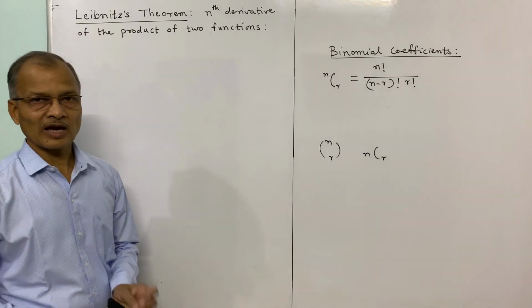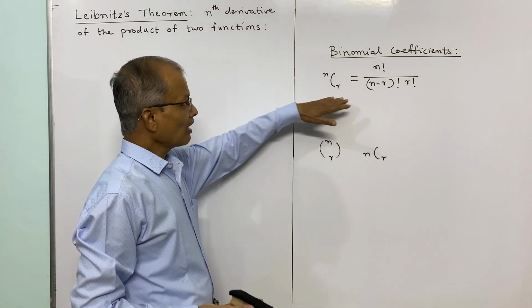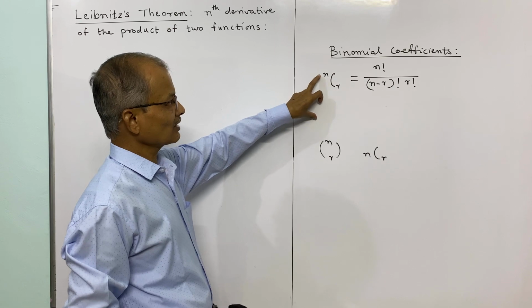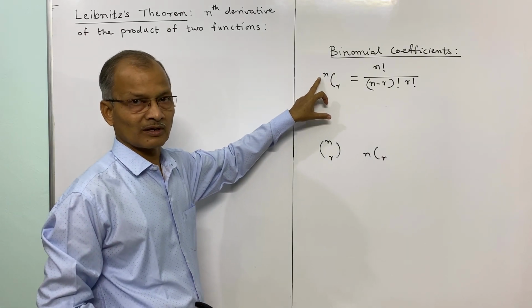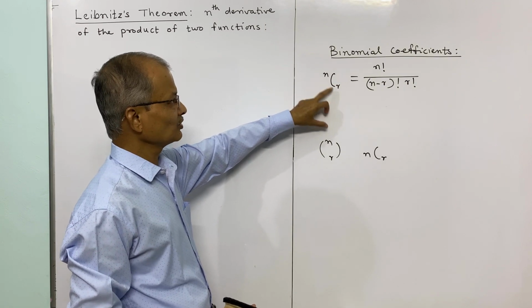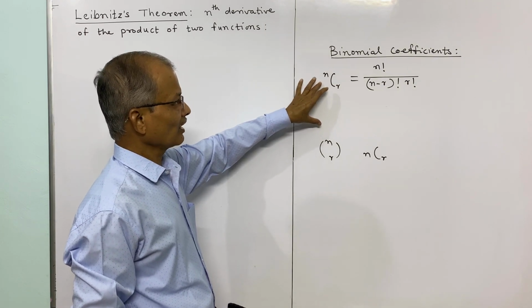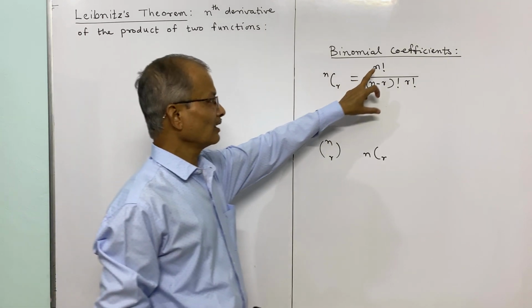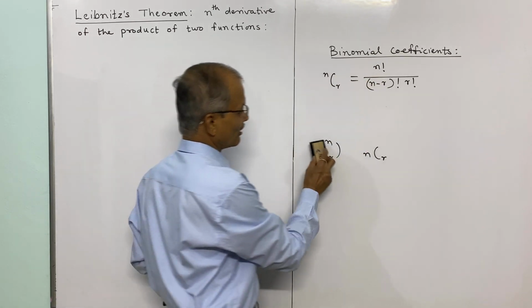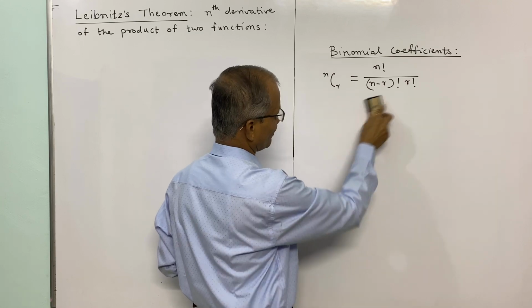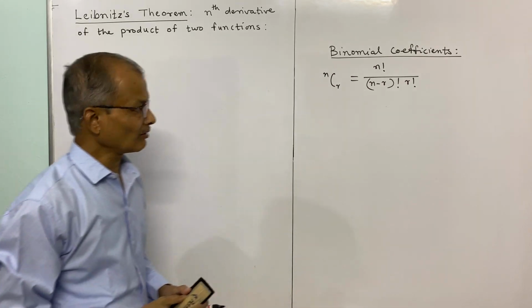These are exactly the number of ways that r objects are chosen from n objects, and therefore the symbol is read as n choose r or n combination r, and that is n factorial divided by factorial of n minus r into factorial of r.